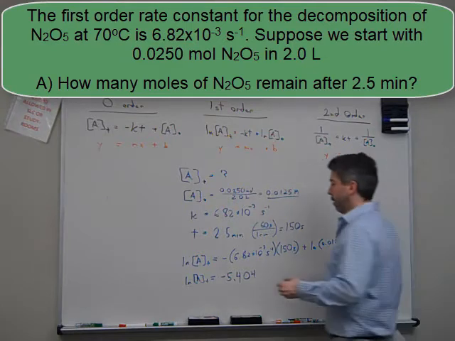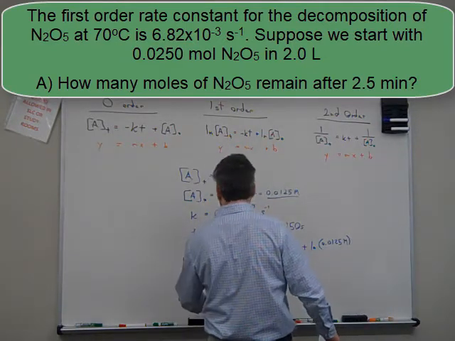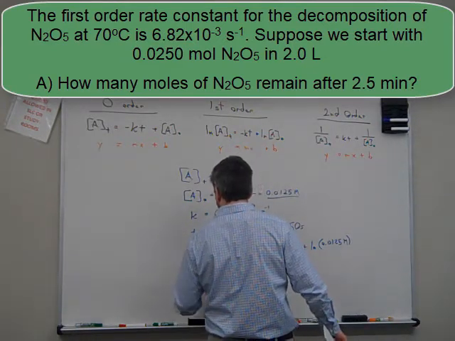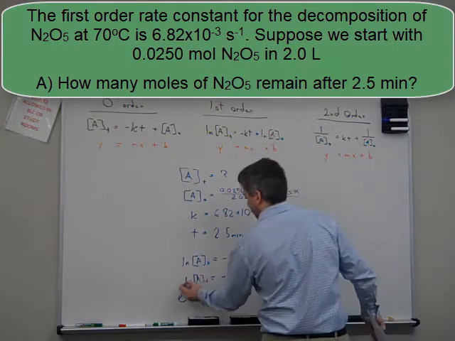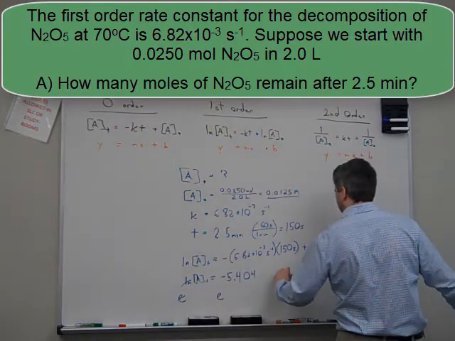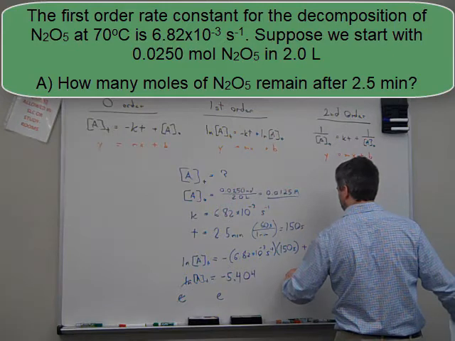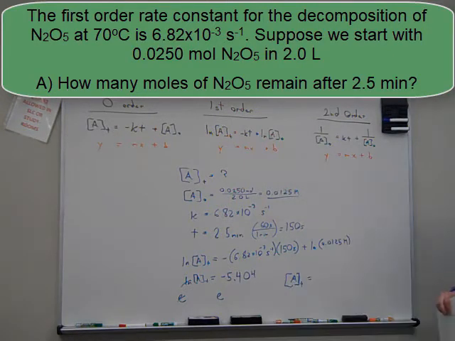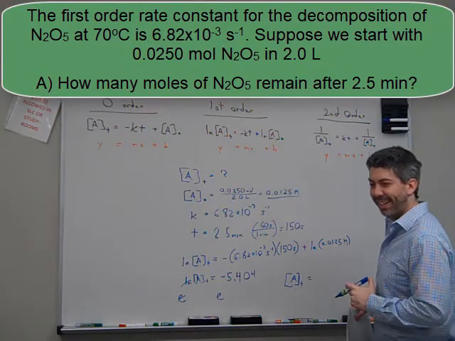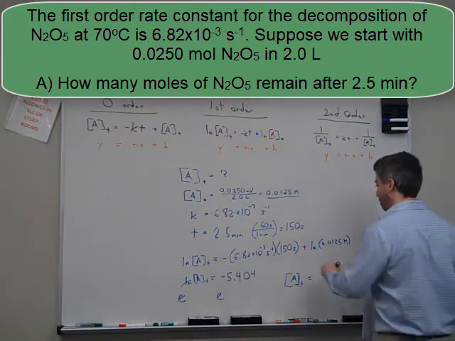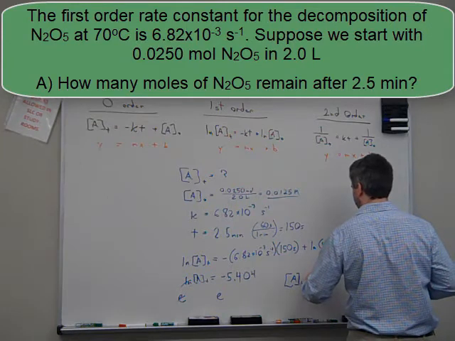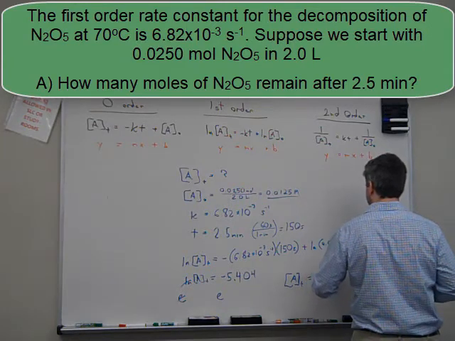E. So I have to do e to the power of both sides. E to the negative 5.404, and the e to the ln will cancel that out, and I'll get a at time t is equal to what? What'd you get? 0.004. I got that too.